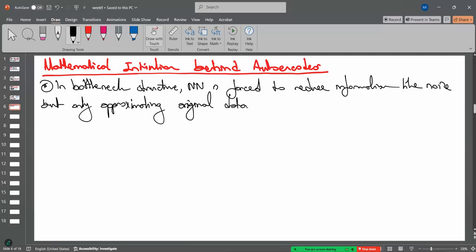Okay, and so we have three components: encoder, latent space, and decoder. Okay.